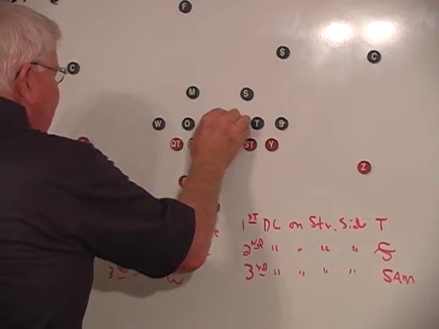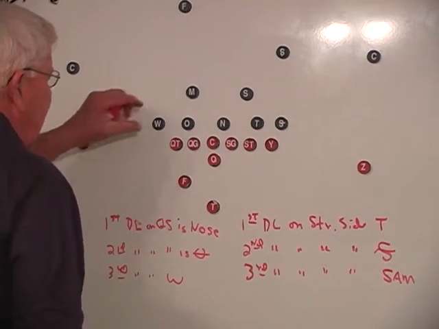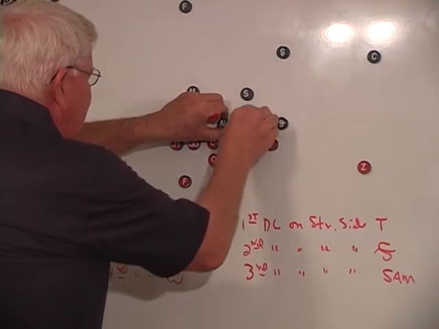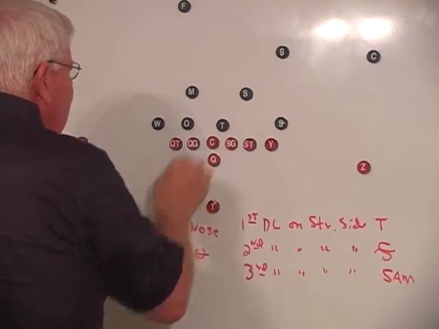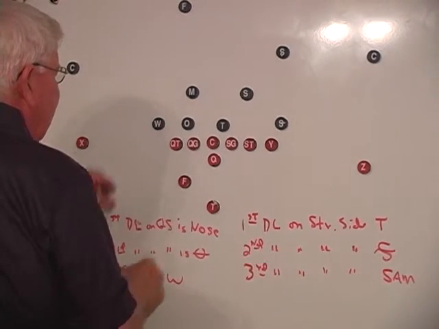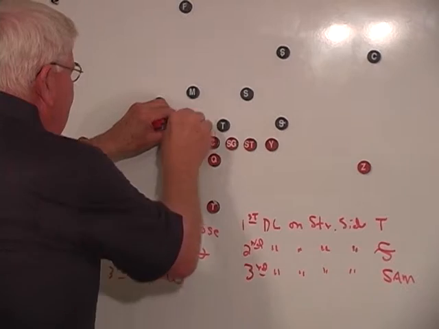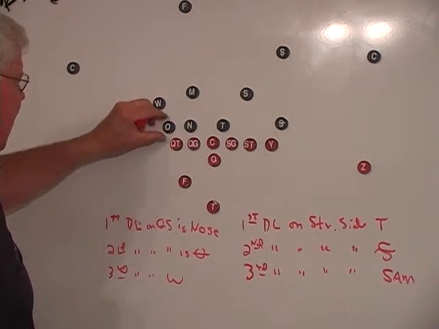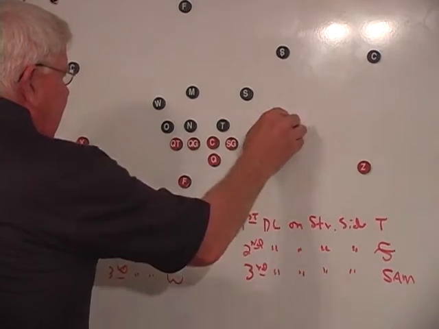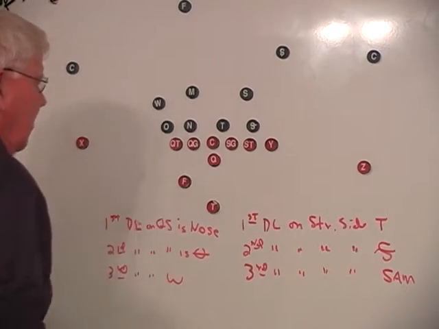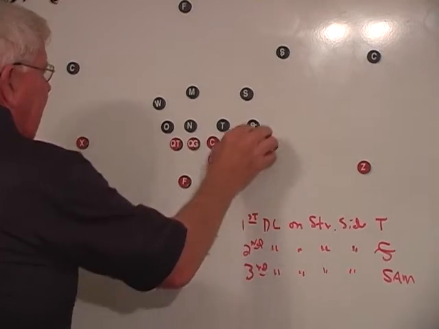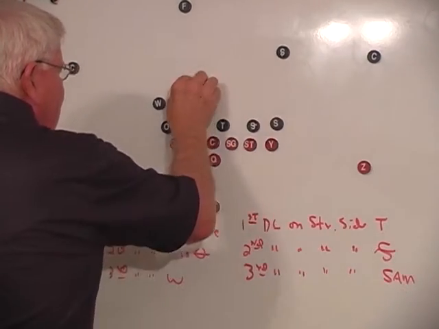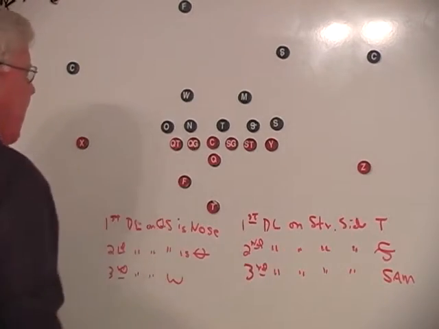If he is here, in essence, what we do is we always say that the first defensive lineman is the tackle, and the first defensive lineman to the quick side would be the nose, and then the second lineman would be the stud, and if they have a third one, it would be the Mike.